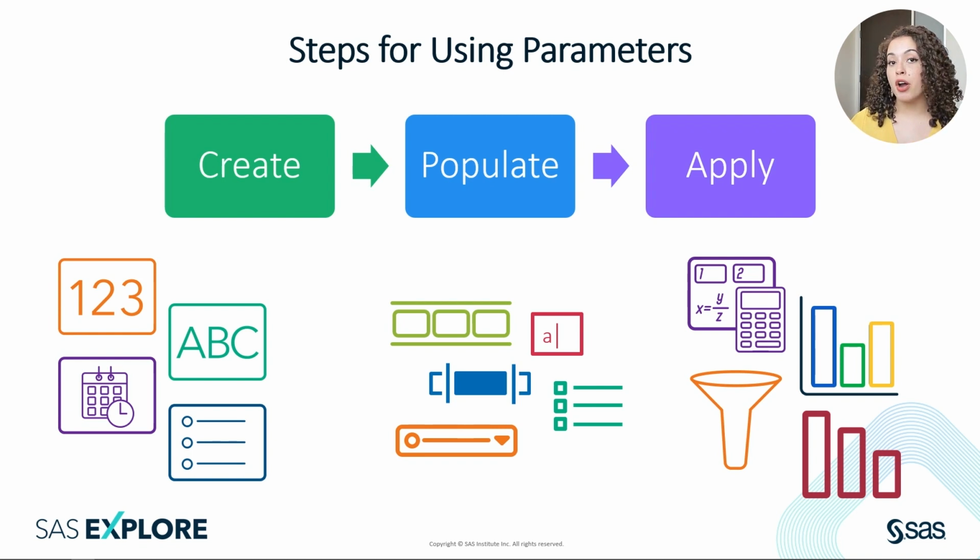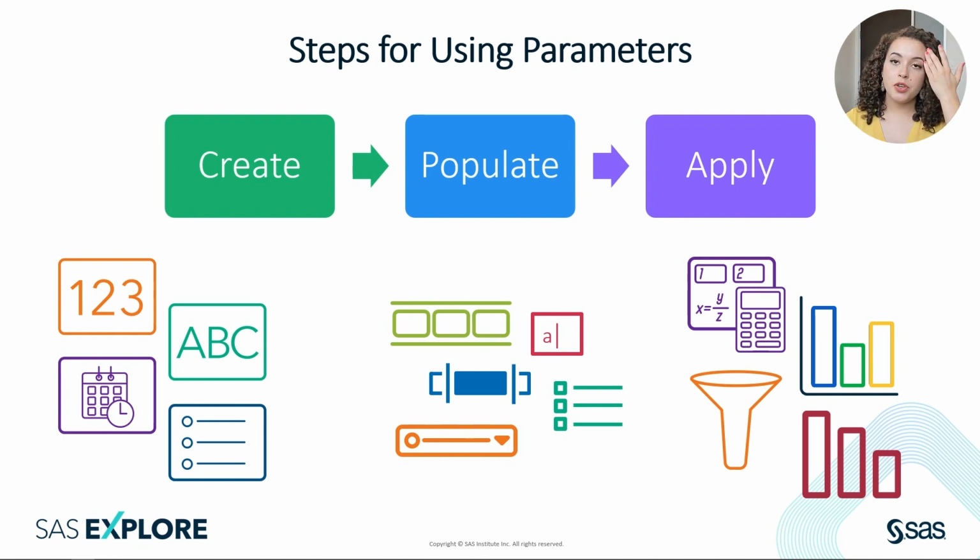That could be a button bar where the user gets to select a button. It could be a text input box where the user gets to type in a value. It could be a drop-down list. There's a lot of options for control objects where you can assign parameters. And then finally, the parameter's value is actually used in either a calculated data item, a filtering expression, a display rule expression, or a ranking. You can also use parameter values in text objects. There's a lot of places to use them.